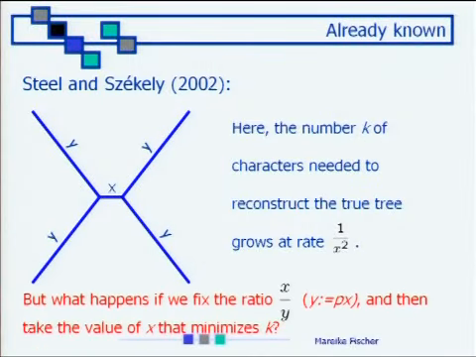However, what happens if you fix the ratio x over y, and then search for a length of the interior edge that actually minimizes the number of characters needed? This is what Yang kind of did in his simulations, but we wanted to do this mathematically.